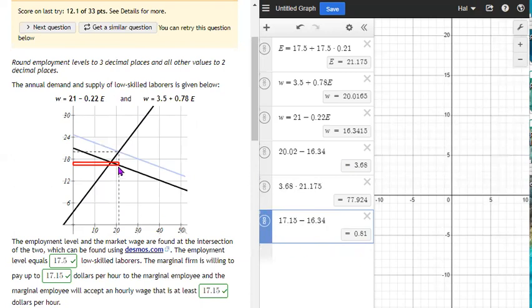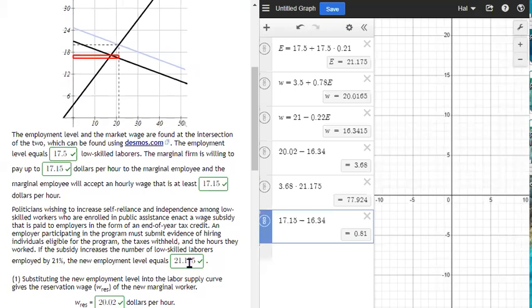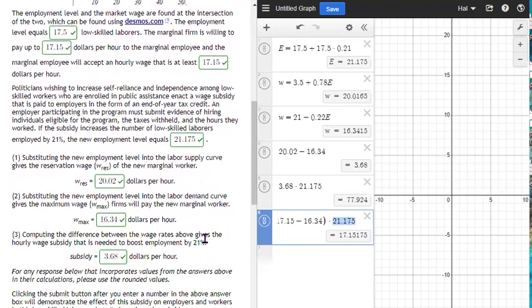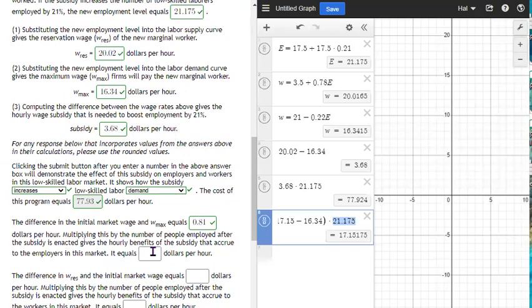And then when you multiply it by the number of laborers at this new equilibrium, which is 21.175, the benefit to them is only 17.15. Now that's in millions of dollars, right? So that's not chump change. If this is in millions of employees, then this is $17.15 million, right?